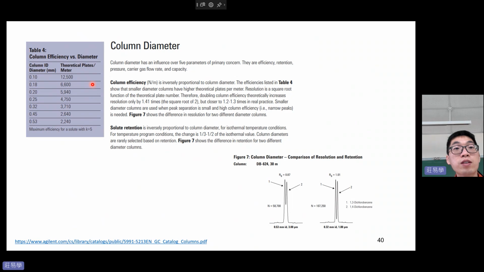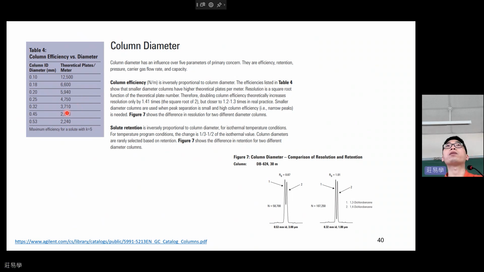So here comes the first point. If you look at the column ID, ID means inner diameter. When you have a larger inner diameter, you have a lower theoretical plate number. What does it mean?